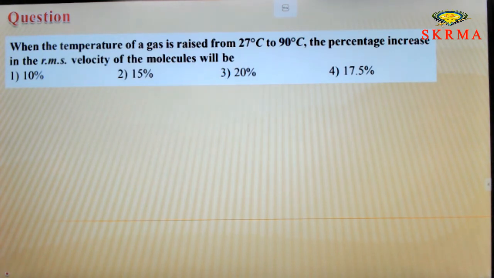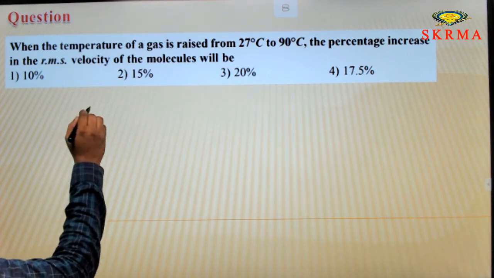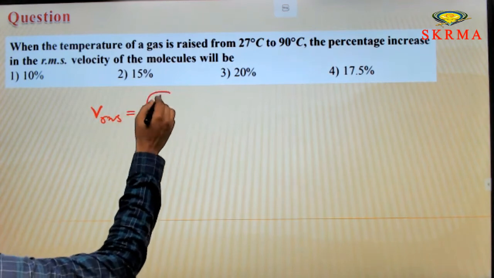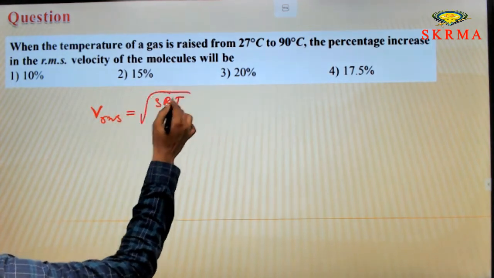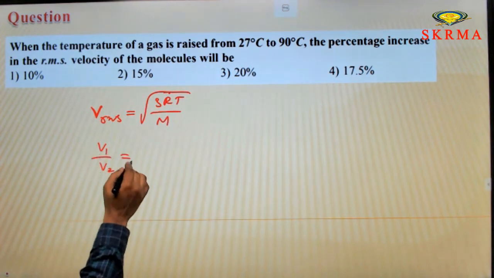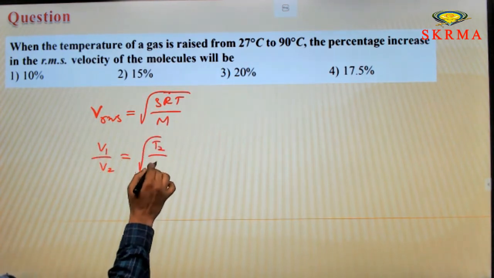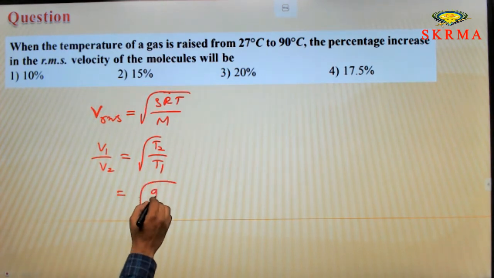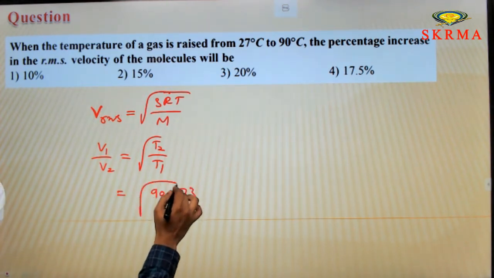When the temperature of the gas is raised from 27 degrees centigrade to 90 degrees centigrade, what is the percentage increase in RMS velocity? So V RMS, what is the formula? Square root of 3RT by M. So V1 by V2 equals square root of T2 by T1. What is the final temperature? 90 plus 273.